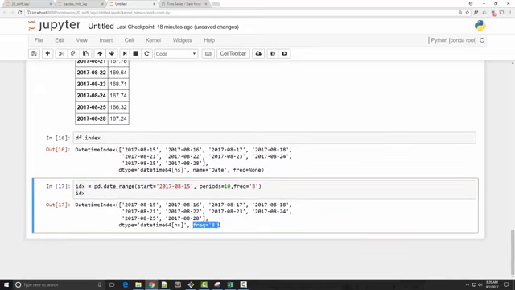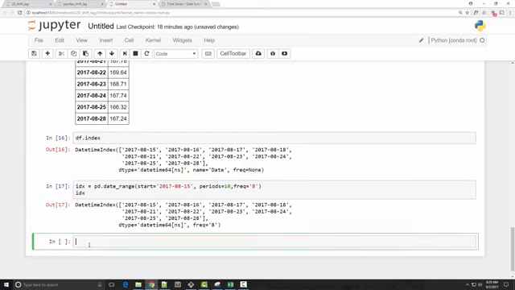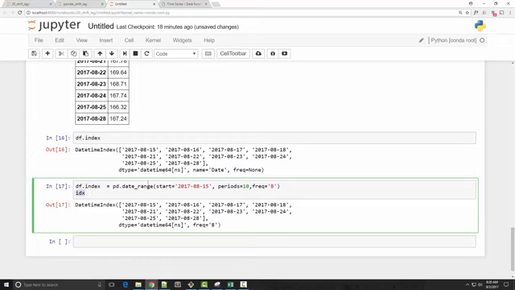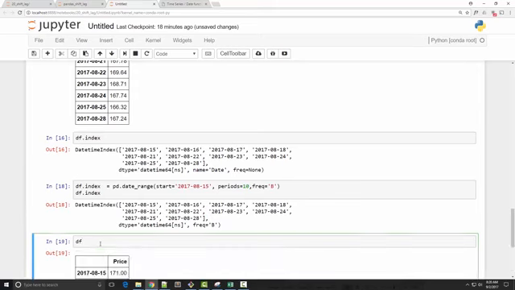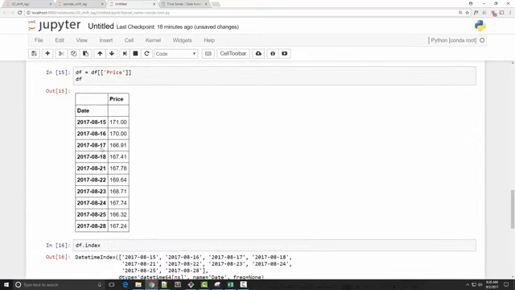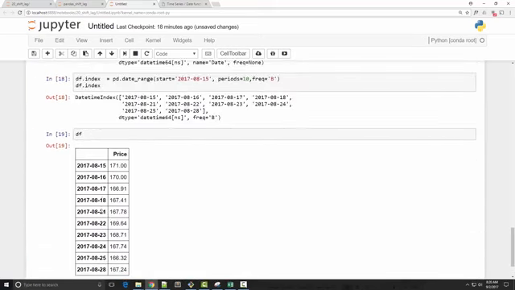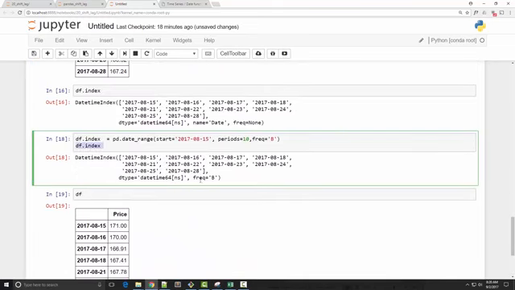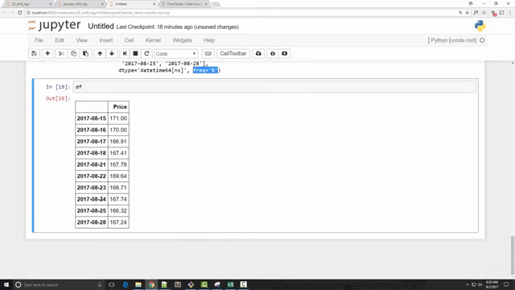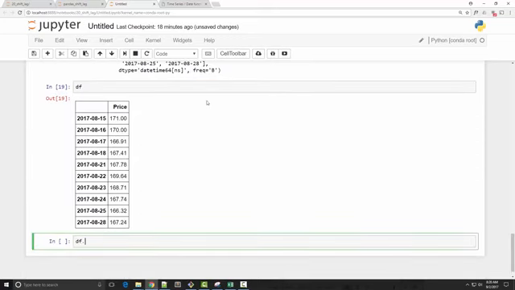So you see that I have got a business frequency date time index. And then, you know what, actually I can directly do this. And that way my data frame looks same. See, 15 to 28, 15 to 28, it is same, but the only difference is that now my index has a frequency.